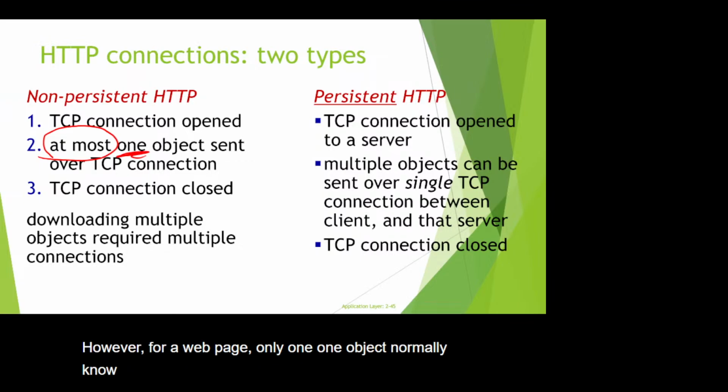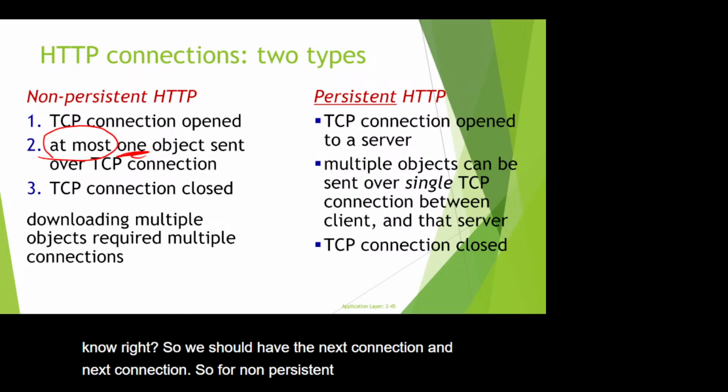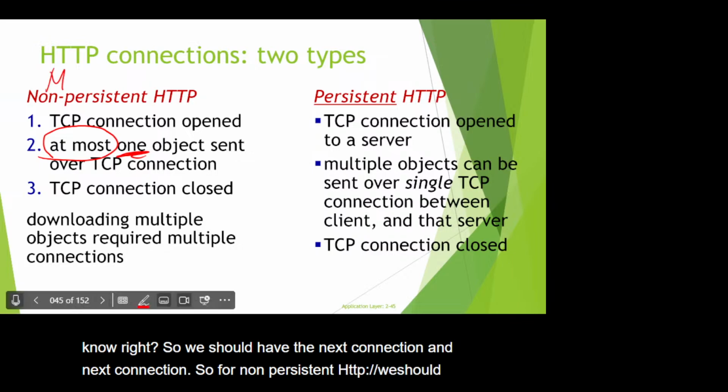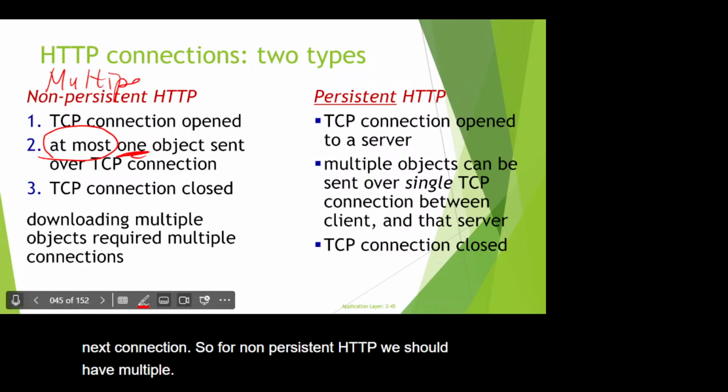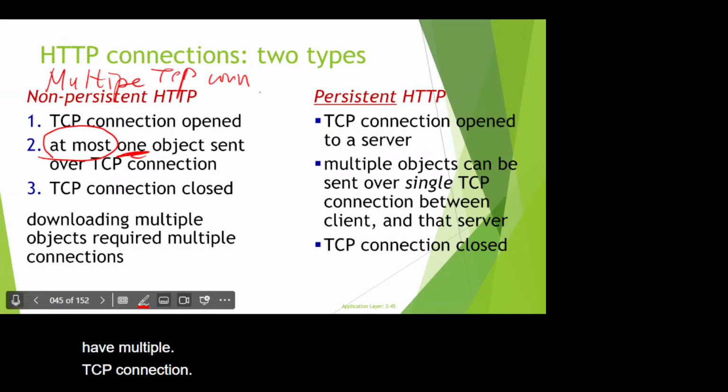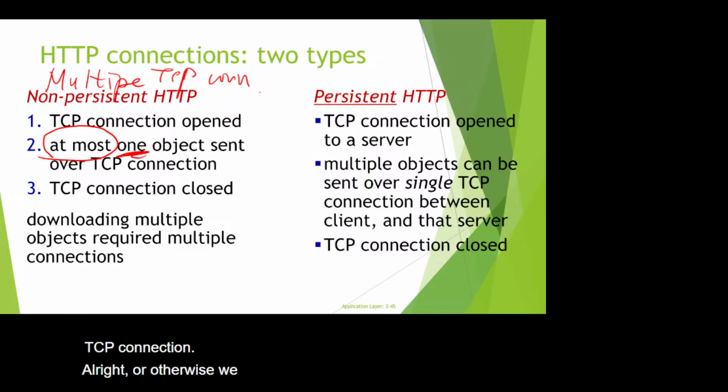So we need the next connection and the next connection. So for non-persistent HTTP, we have multiple TCP connections, or otherwise we cannot finish the transmission of the web page.